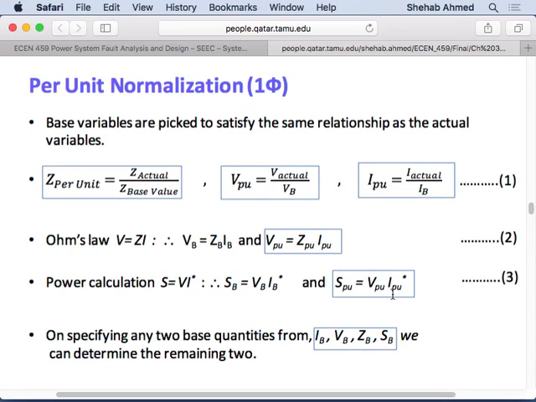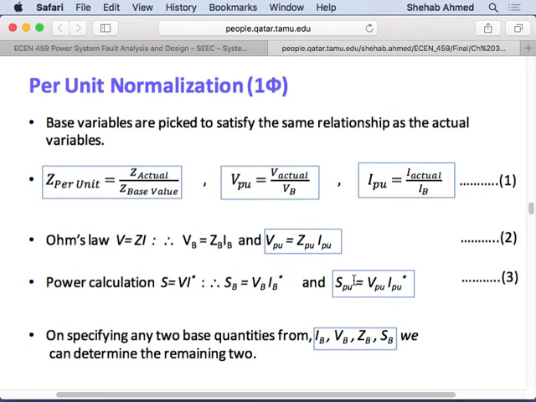The per unit quantities are complex, but the base values don't have angles. So now I have 2 equations with 4 unknowns. If I'm given 2 of the unknowns, I can find the other 2.